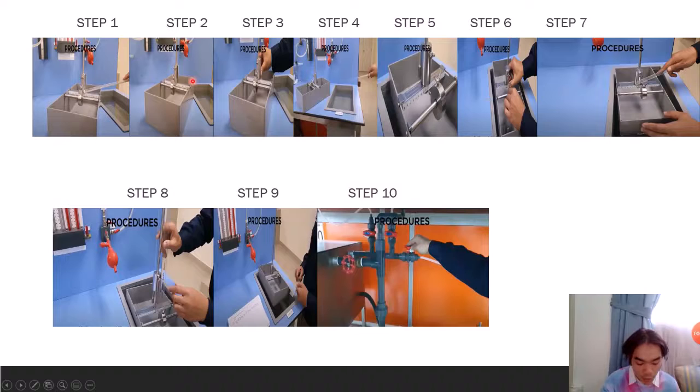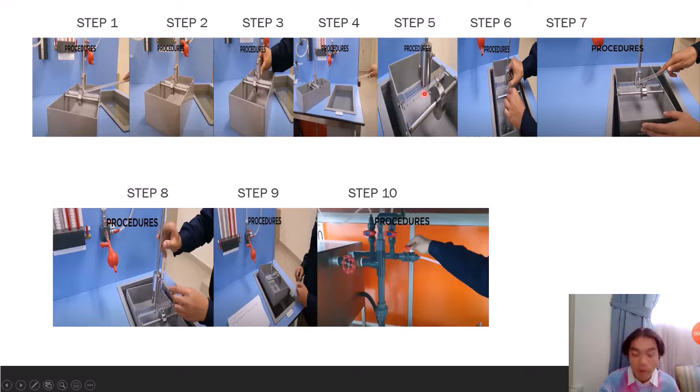Second is to reassemble the adjustable mass to the pontoon. So we set the mass we want to experiment with, and reassemble it to the pontoon. Third is we have to measure the whole set of the pontoon body. Next is to fill the sink with water and float the pontoon.